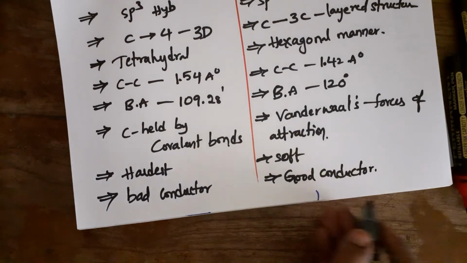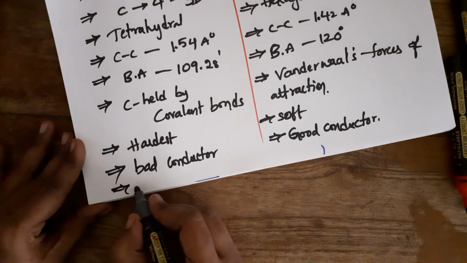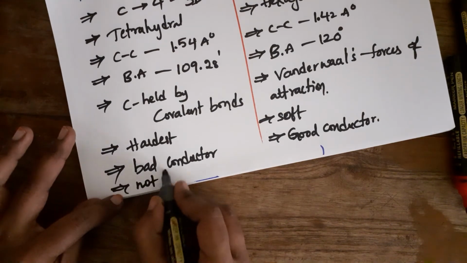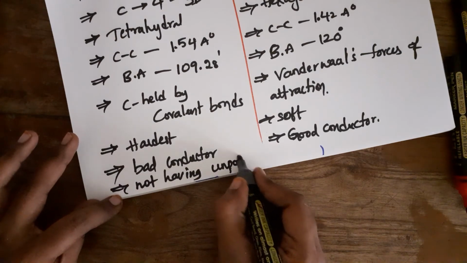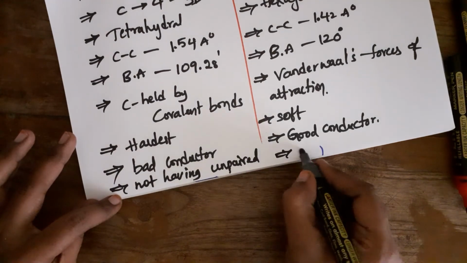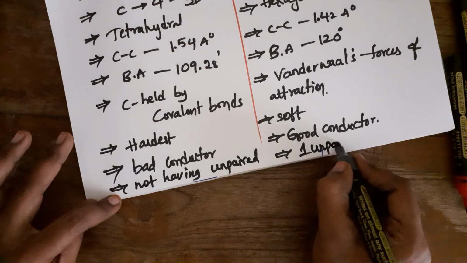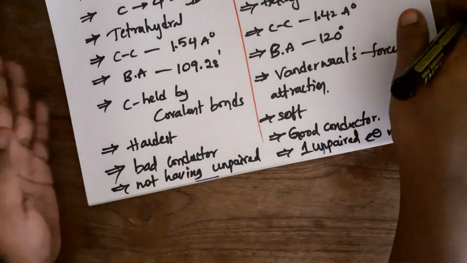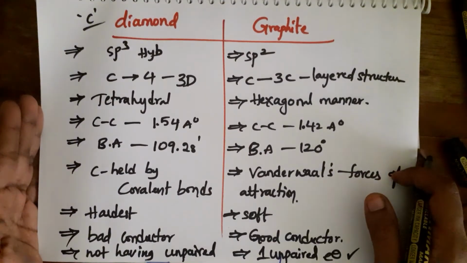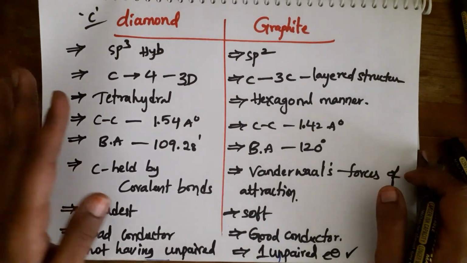Diamond does not contain any unpaired electrons, while in graphite one unpaired electron is present. These are the differences between diamond and graphite. Okay, clear?